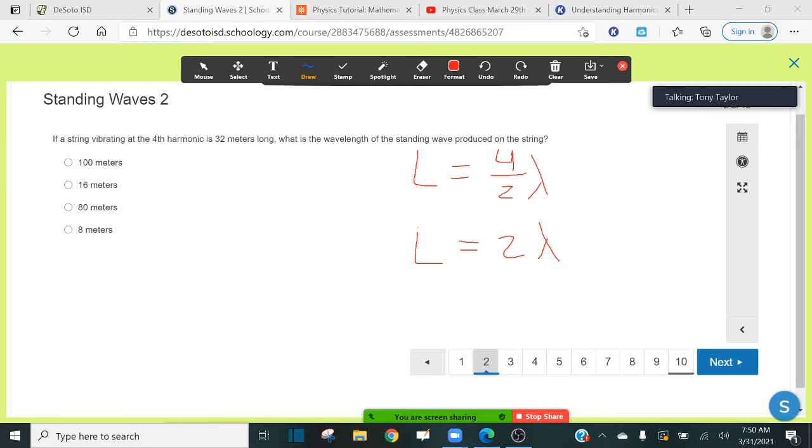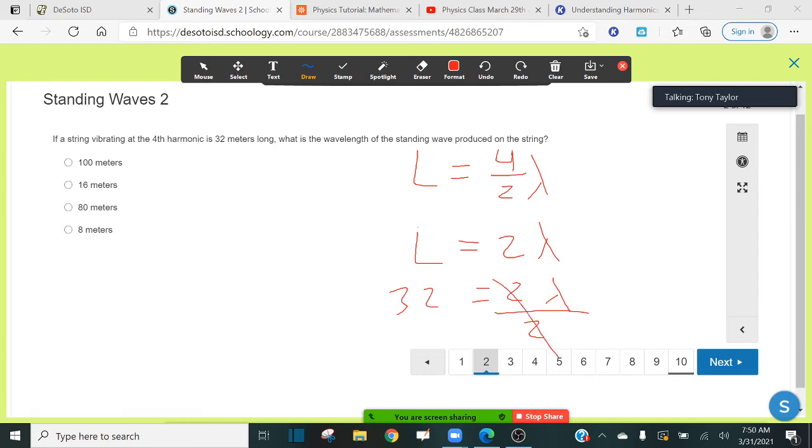Okay. Now notice what it says. My string is 32 meters long. So I want to take 32 meters and plug it in here for the length of my string. And I want to solve this equation for lambda. How do I solve this equation for lambda? Well, I have to get lambda by itself. In order to get lambda by itself, I have to divide this side of the equation by 2.